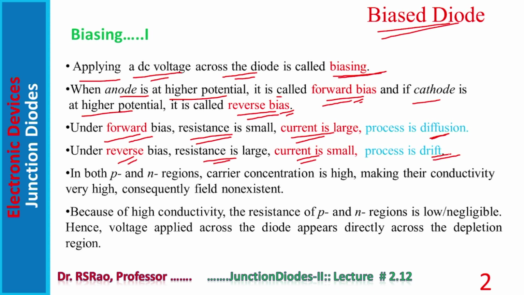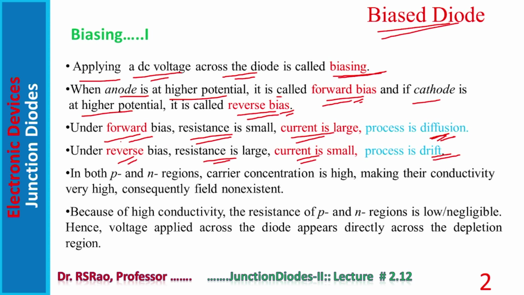One is drift, another is diffusion. Diffusion results whenever there exists a concentration gradient of the charge or current carriers. Drift comes into being wherever there is a potential gradient or field.